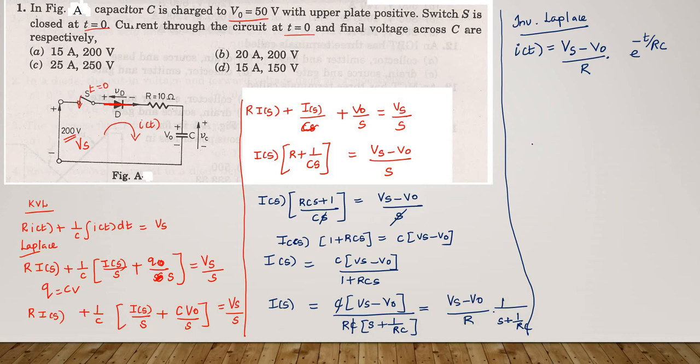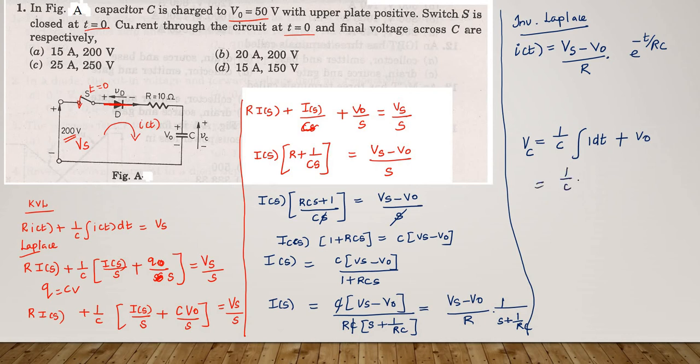And next I am going to find out the final voltage across C. So what is the voltage across C? That is V equal to two voltages. One is due to the current i(t), and next, already one initial charge is there, V0. So 1 by C into integral i dt plus V0.